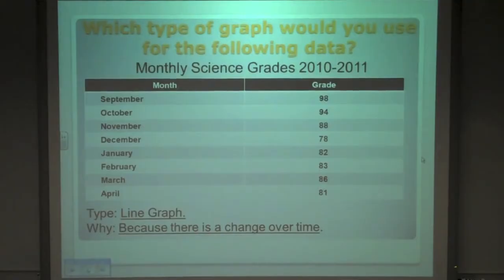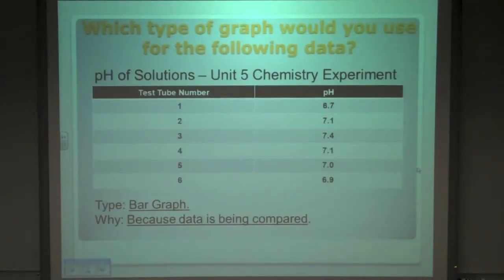Let's go ahead and look at another example. Here I've got another example of a data table, and let's analyze this and figure out what type of graph we would use to display this information. You have pH of solutions. pH is simply determining if something is acidic or basic. In chemistry class, we've got various test tubes, and then we have various pH values for each one of those test tubes.